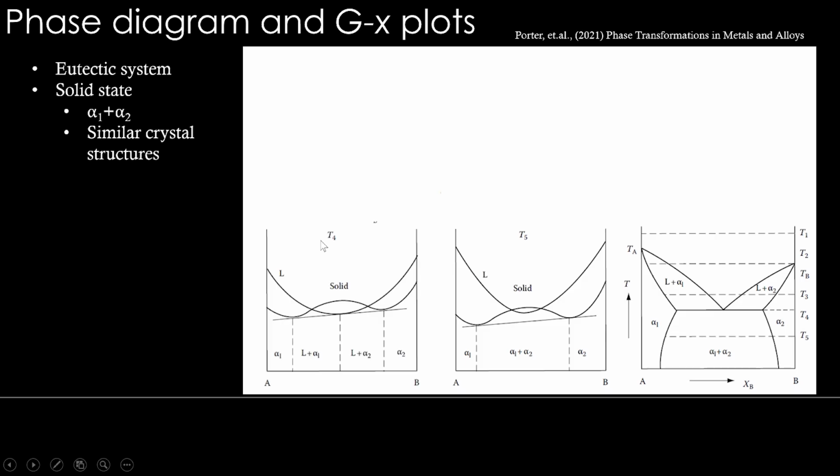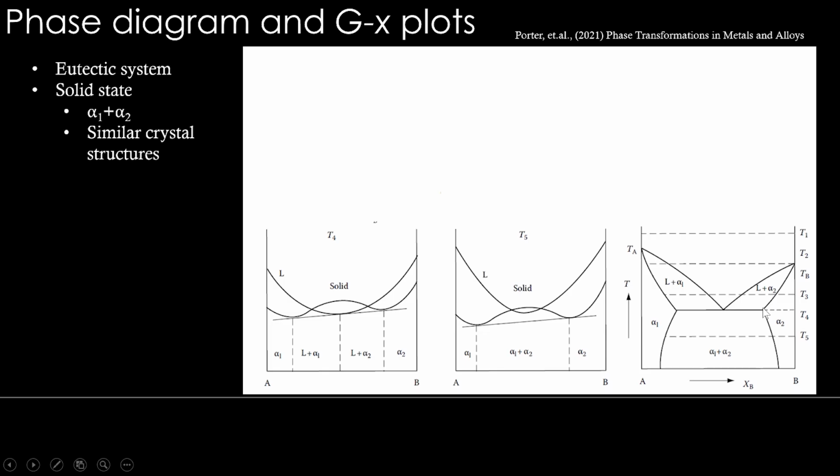And at T4, one of the new things that you are going to see is that you see alpha 2 and this horizontal line, alpha 1 is there. In this horizontal line liquid is also touching here, meaning at the eutectic temperature we have three phases in equilibrium: alpha 1 with this composition, liquid with this composition, and alpha 2 with this composition.